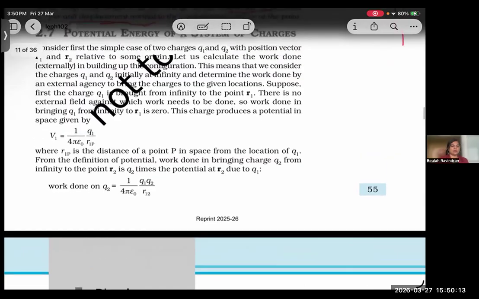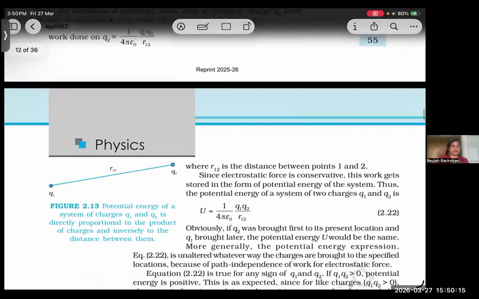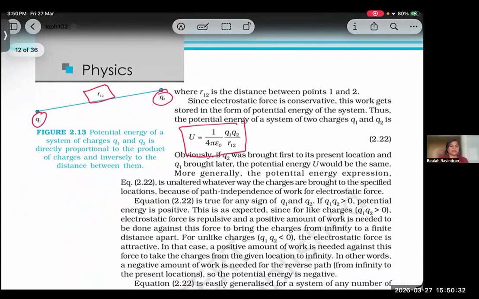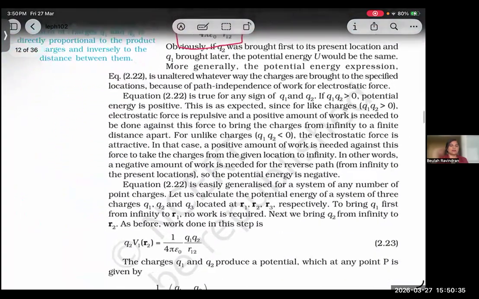First, you have to take the position vector. These are charges Q1 and Q2. There is a potential energy between these two. With the distance R1,2, you can write the potential energy as Q1 Q2 by 4 pi epsilon naught R1,2.